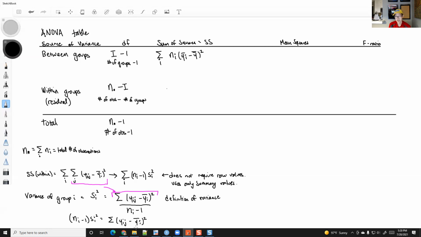All right, so the sum of squares within a group using summary values only is going to be the number of observations in group i minus 1 times the variance of group i. If we wanted to do the SS total, this would just be the SS between plus SS within.